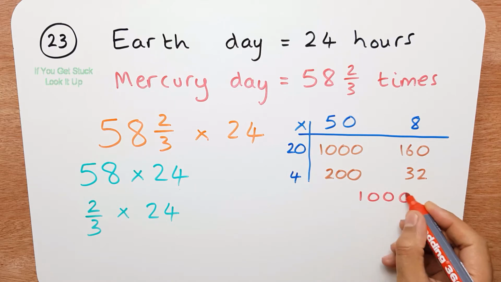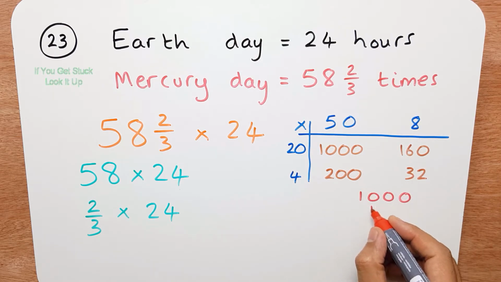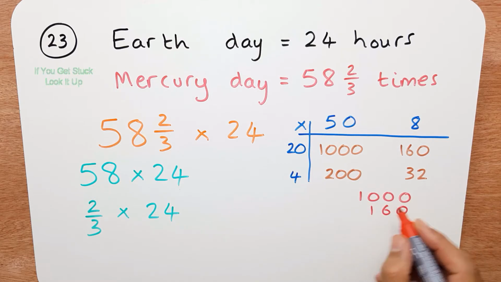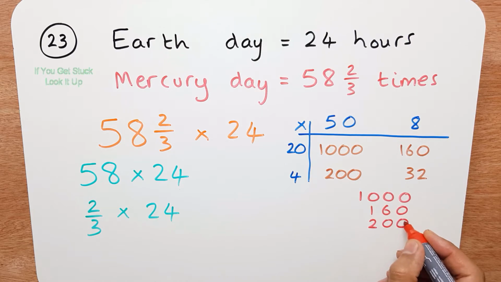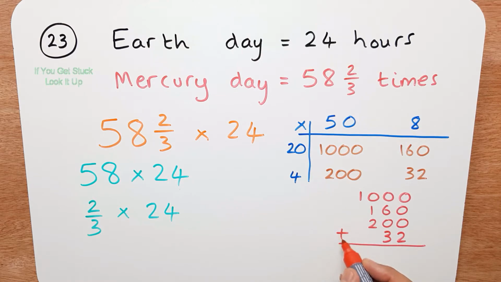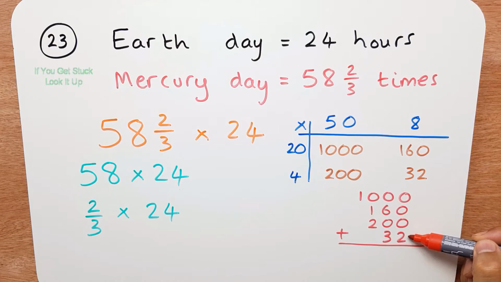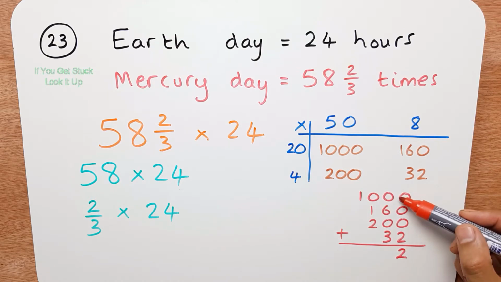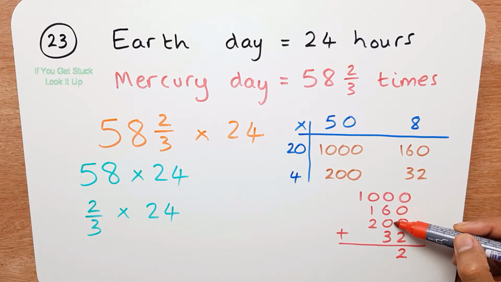1000, add 160. So I have to be careful here. 160. And then you have 200. And you have 32. 0 add 0 add 0 add 2 is simply 2. 0 add 6 is 6. Add 0 is 6.